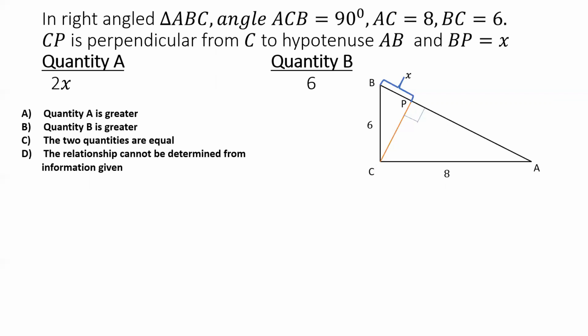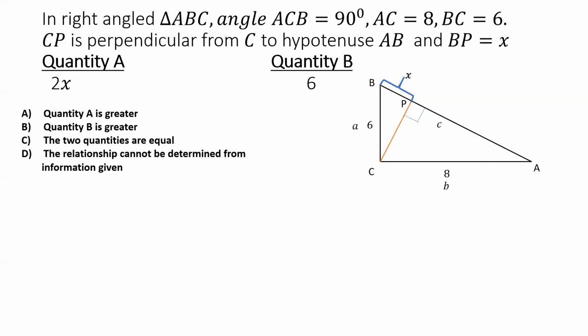So if you remember the results that we obtained from similarity of triangles, because whenever you have this case of a perpendicular being dropped from the right angle vertex onto the hypotenuse, the triangles that you get are all similar.